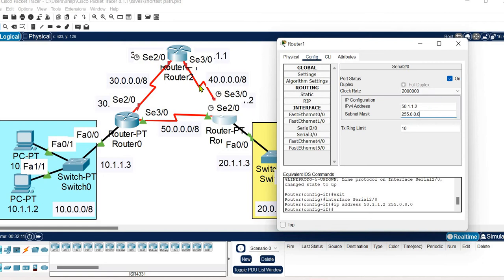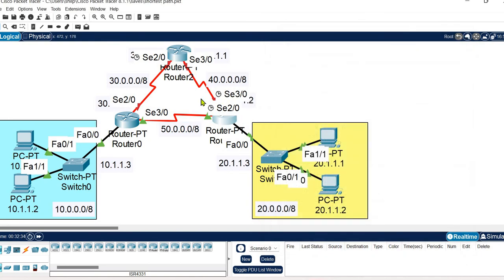Now it is also connected to network 40 at serial 3/0. For serial 3/0 we need to provide an IP address of network 40, 40.1.1.2. I am considering it as the second host of the network, so 40.1.1.2 as we have already discussed in the presentation. So done. Router 1 is also configured for all its interfaces.